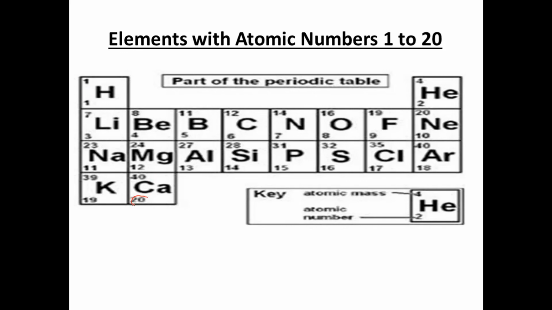So you remember the numbers which are written at the bottom of an element. These are all the atomic numbers. That means the number of protons, the number of electrons present in a neutral atom. Again and again I am specifying the word atom because when we study about the ion, then the number of electrons shall change. We shall do it in later videos.